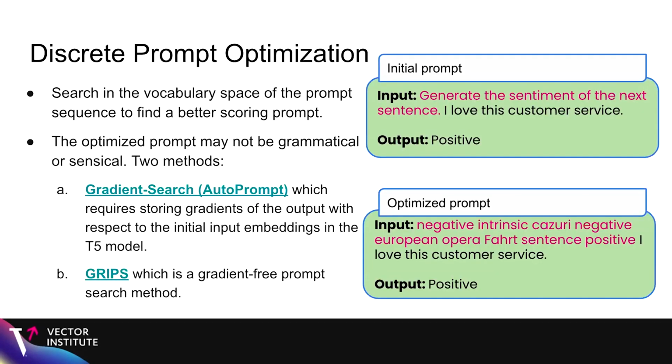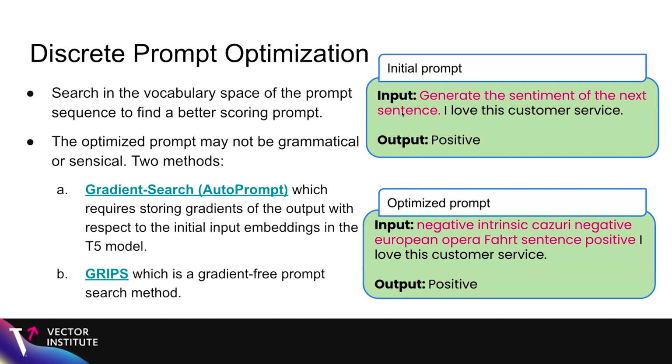When I'm talking about discrete prompt optimization, the goal is to search in the vocabulary space of the prompt sequence to find an alternative prompt that scores higher compared to your initial prompt.